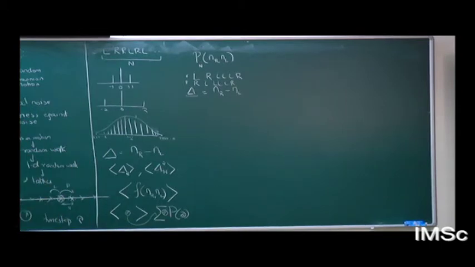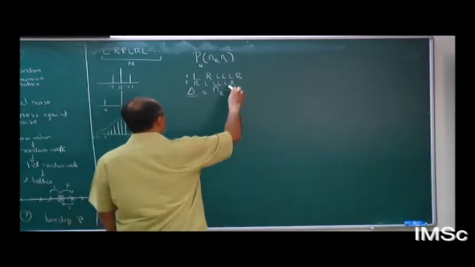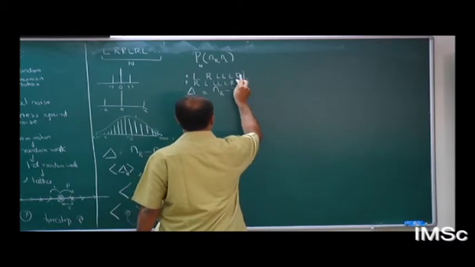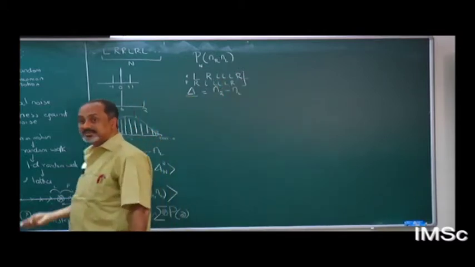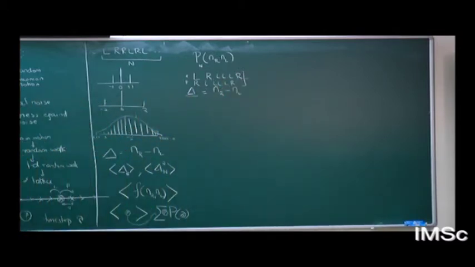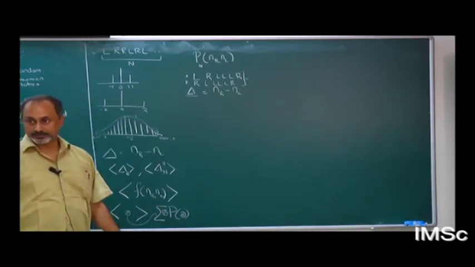Okay. So, now I have to ask, how do I count the number of configurations like this with a fixed number of steps to the right and a fixed number of steps to the left? I need to count that in order to assign it a probability.